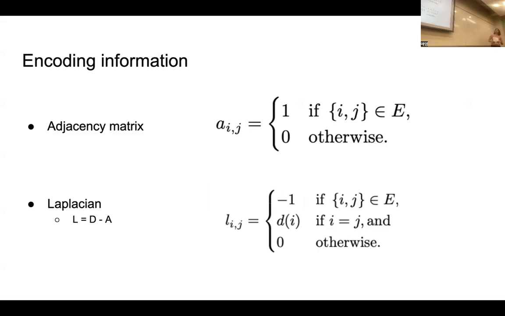Otherwise, if the element corresponds to the vertex itself, so the diagonal, then it's just the degree of that vertex. So that's what L = D - A means. D is a degree matrix, which only has elements along the diagonal for a regular graph. So we're subtracting the adjacency matrix from that.